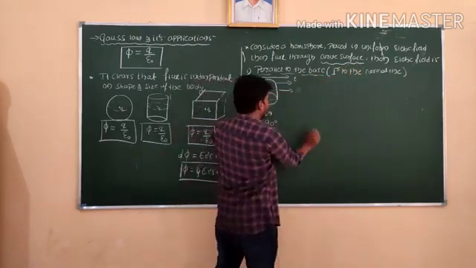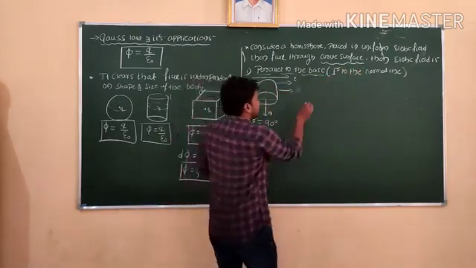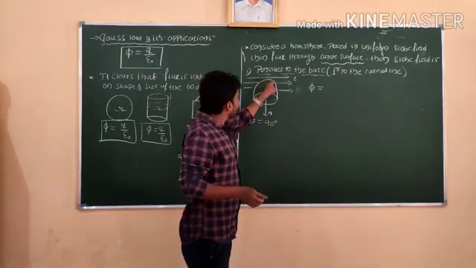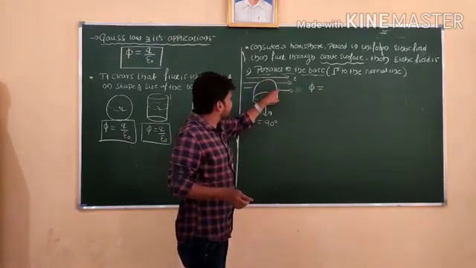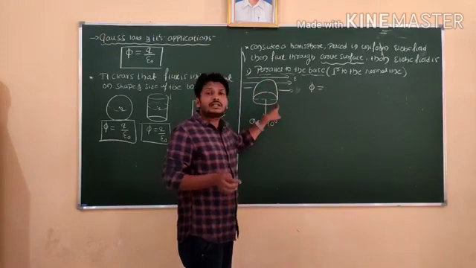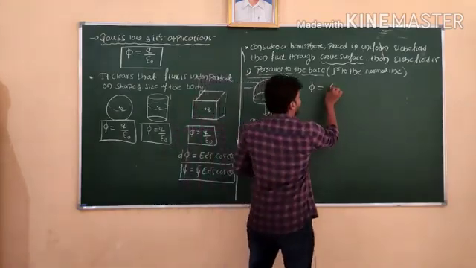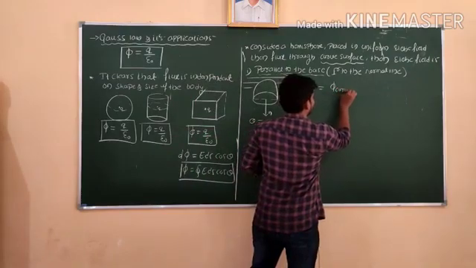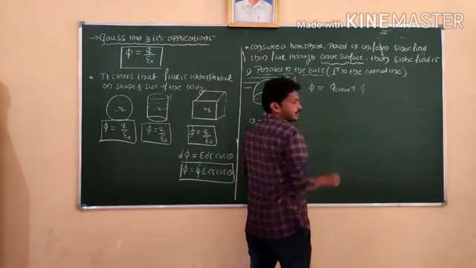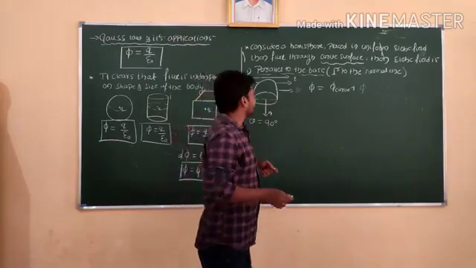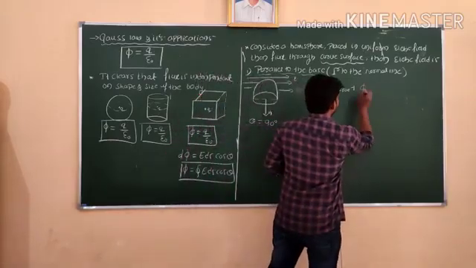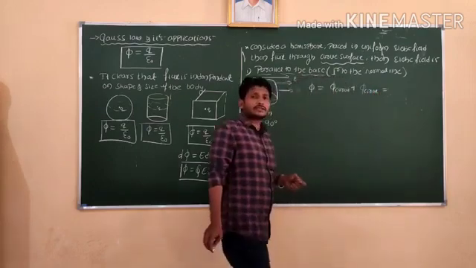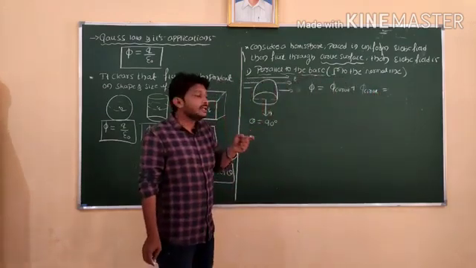So if theta is equal to 90 degrees, then the total flux is equal to the flux through the curved surface plus the flux through the plane surface, or the plane surface I can also consider as a circular surface. So what's the total flux value? The total flux value will be 0. Why?